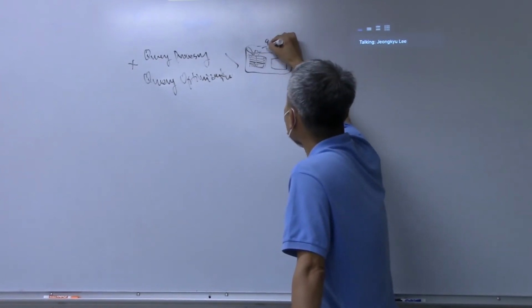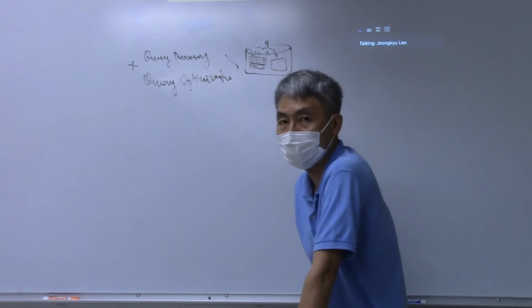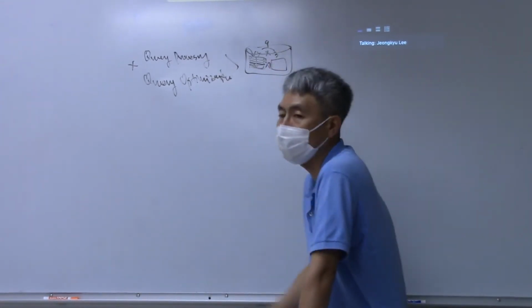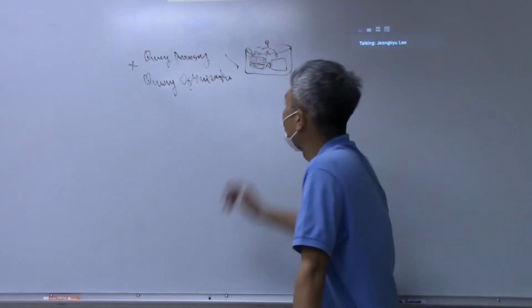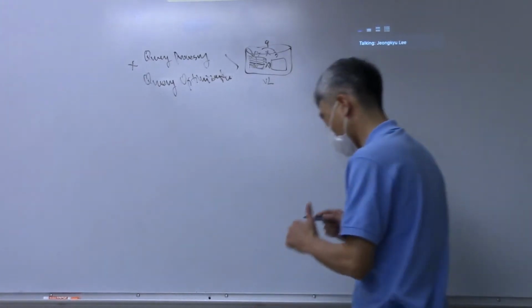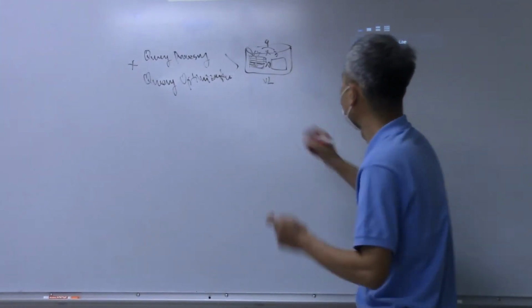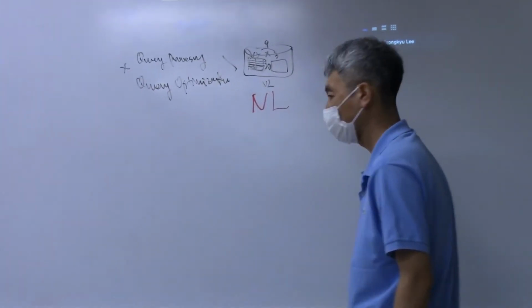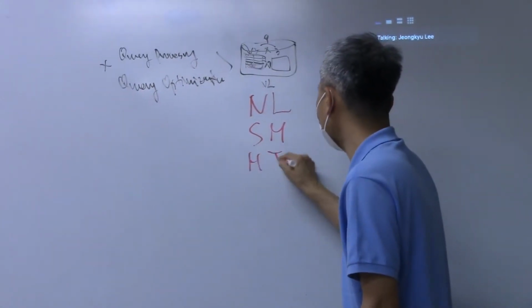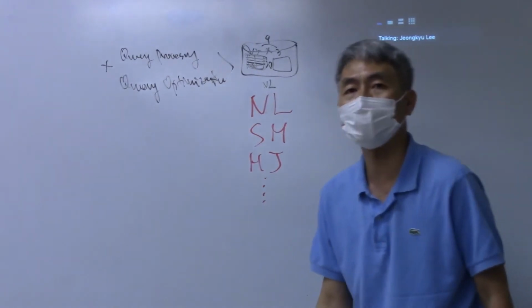Total 9 different ways to access the 2 tables. Then when we join the 2 tables, there are different types of join: nested loop join, sort merge, and hash join.